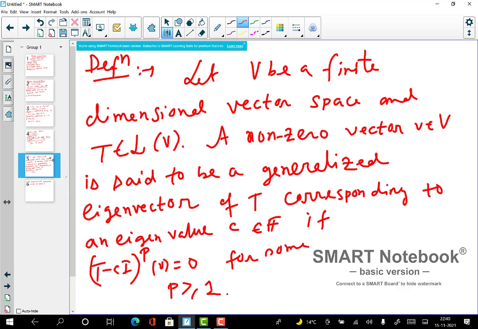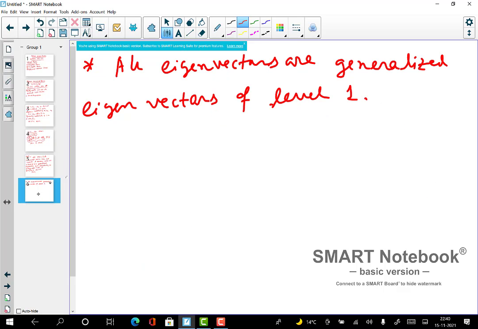That means in that case your p equals 1. And if p is greater than 1, then it is something which is not coming from eigenspaces.